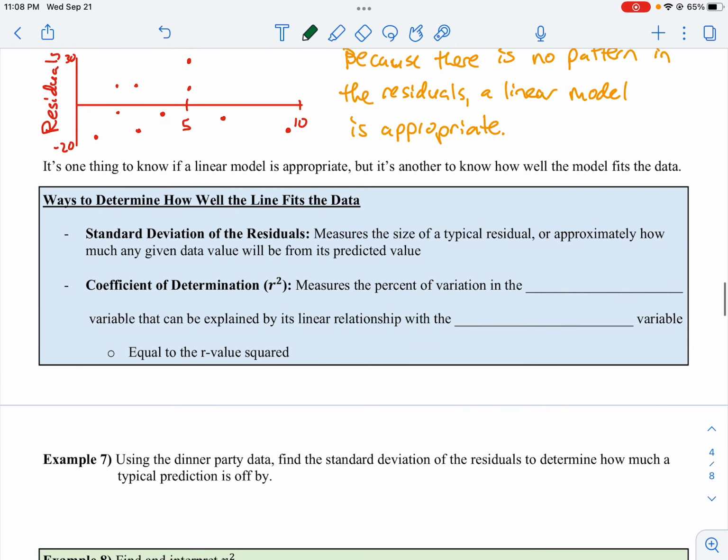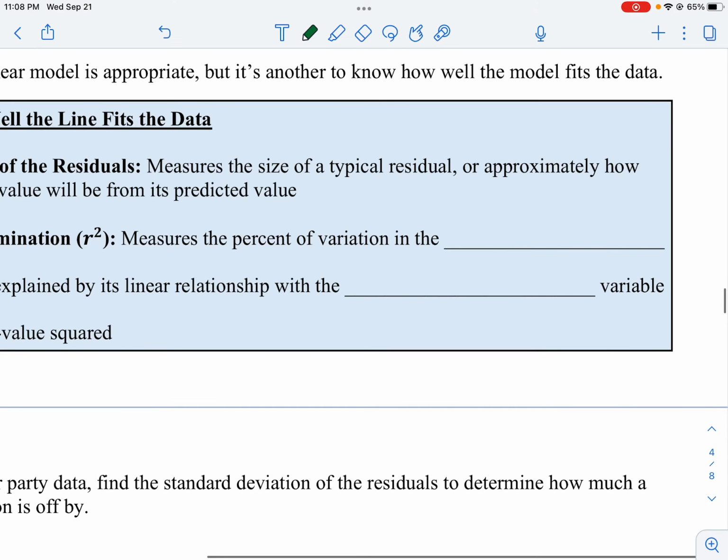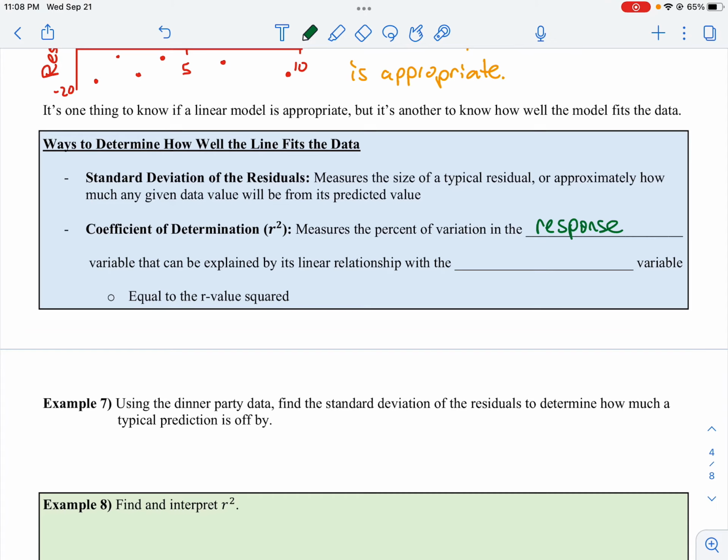Okay, so that's one way. The other way we can do this is we can calculate what's called the coefficient of determination, which is r squared, which is literally the correlation squared. Now, by definition, r squared measures the percent of variation in the response variable that can be explained by its linear relationship with the explanatory variable.